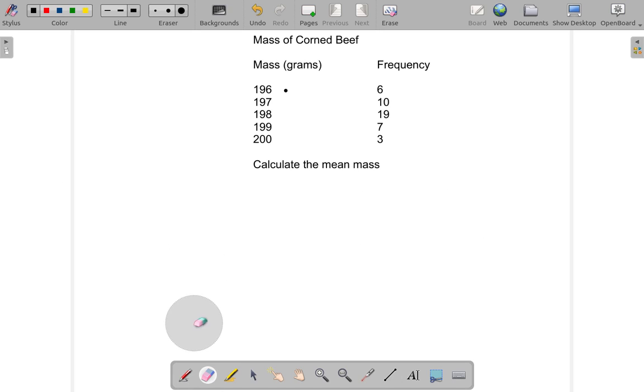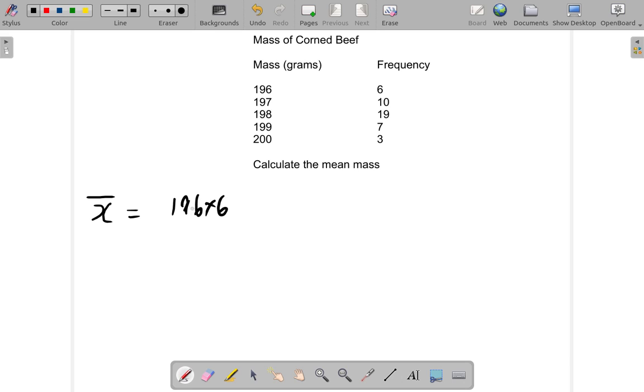So let me erase this jotting. Let me write the mean mass. Sometimes bar x is used to represent the mean. The mass is in grams.